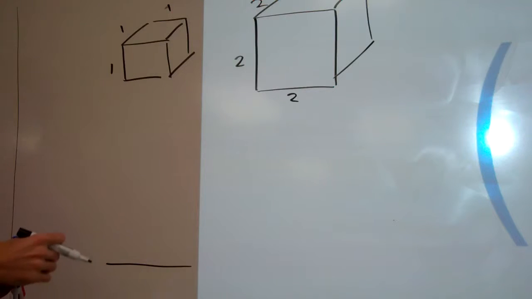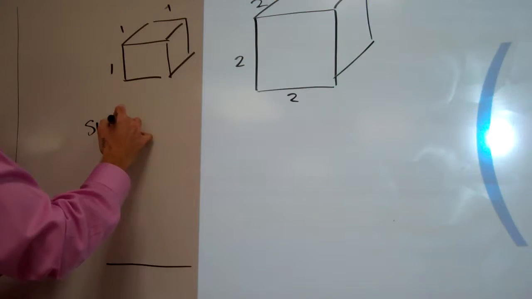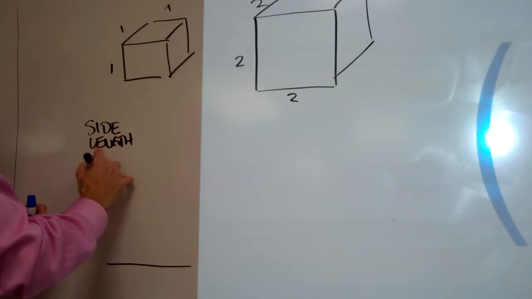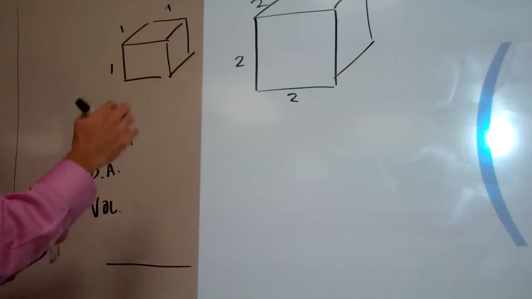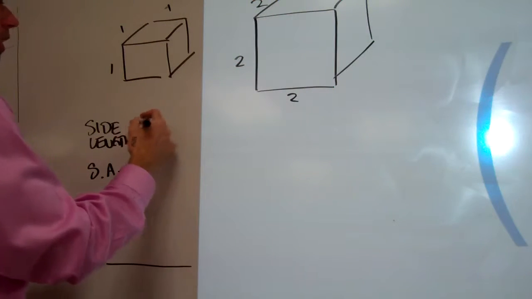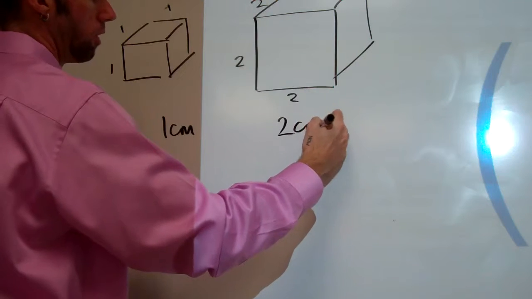And so let's take a look at the measurements. We've got side length, we've got surface area, and we've got volume. So we've doubled the size of the cube. We've made it twice as big on either side. So the side length is 1 centimeter, and this one is 2 centimeters.